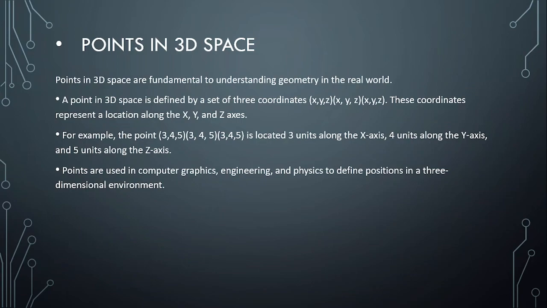For example, the point 3, 4, 5 is located 3 units along the x-axis, 4 units along the y-axis, and 5 units along the z-axis.